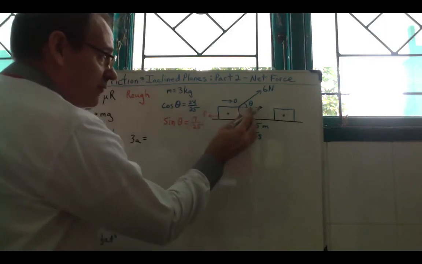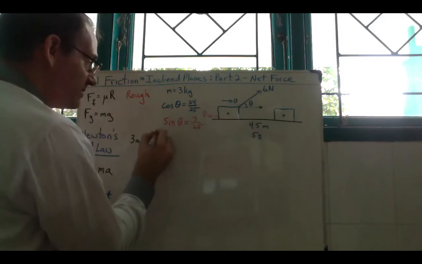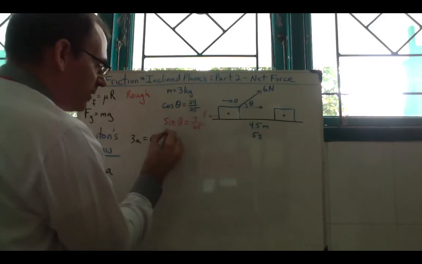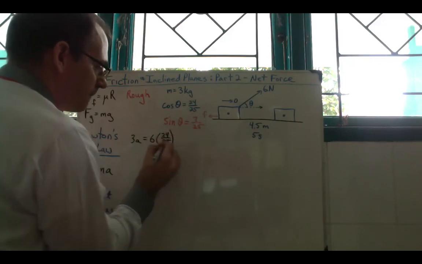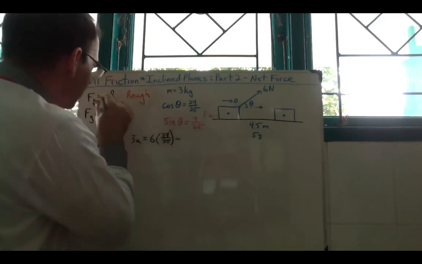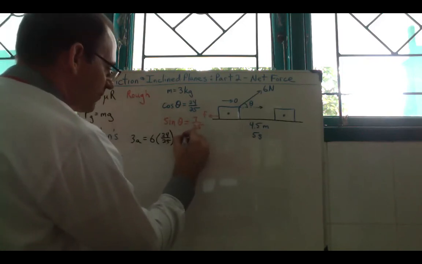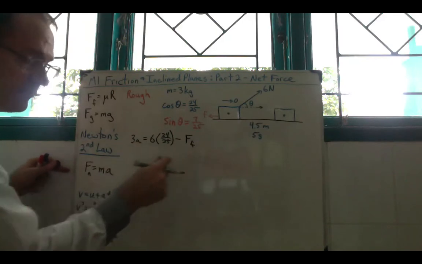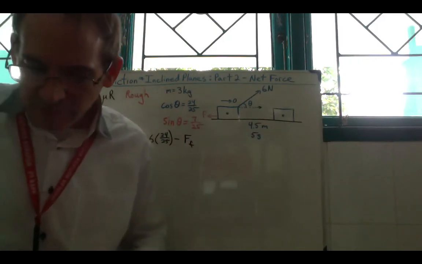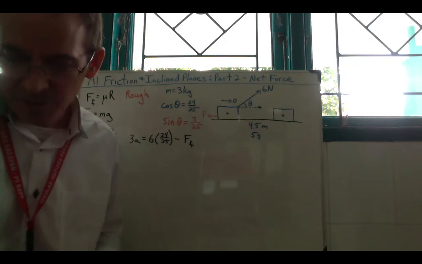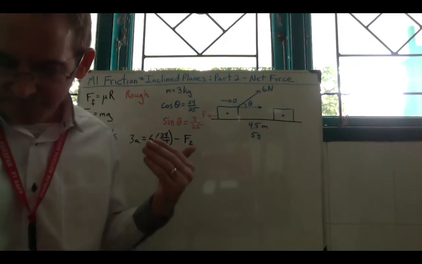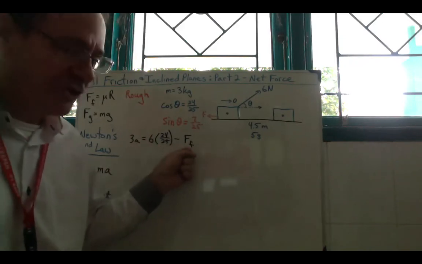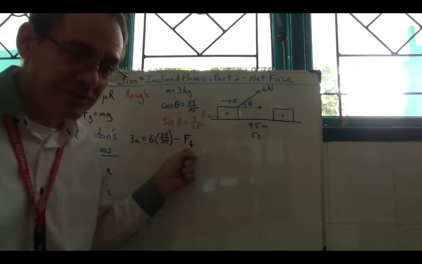So the force going forward is going to be 6 cosine of theta, which is 24/25, minus our force of friction. I'll just put it as force of friction here. So notice we have 2 unknowns. So what we need to do first is find our acceleration so that we can solve for this force of friction.